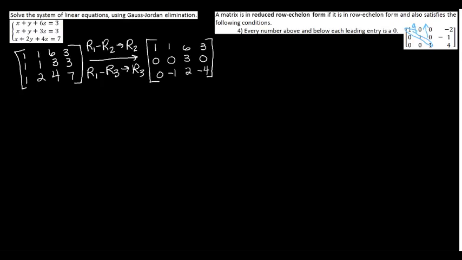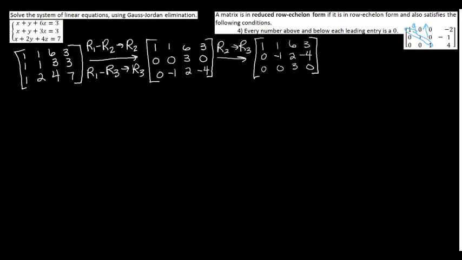Here I'm going to switch two rows. I'm going to take row 2 and switch it with row 3. First row didn't change. Now my second row becomes 0, -1, 2, -4, and my third row is 0, 0, 3, 0.